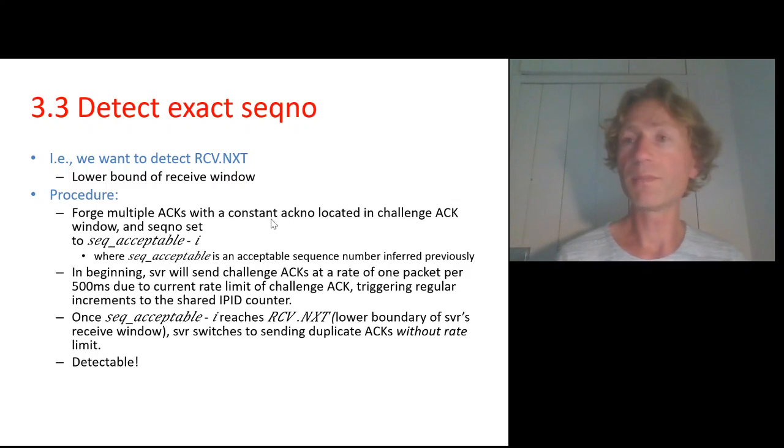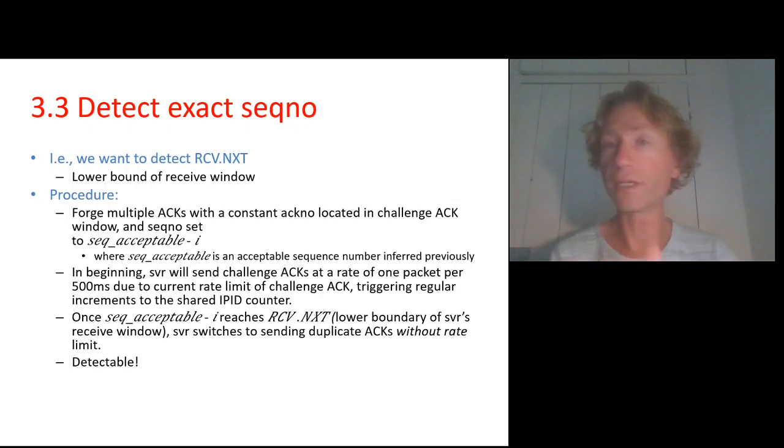Okay, and we can run this for some time, and we'll see that initially this challenge ACK will be generated at a rate of 1 packet per 500 milliseconds due to the rate limit in the challenge ACK, and that would trigger regular updates to the shared IP ID counter. So this is what happens even though we actually move the sequence number to the left on the picture.